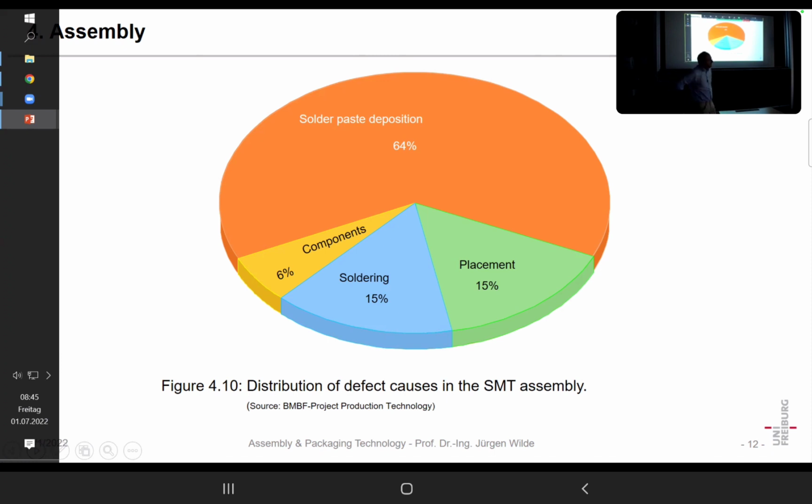With screen printing, we have a screen, it's a mesh, and that mesh is coated with a photoresist, and that photoresist is developed by photolithography, and then we have openings, but we have the wires in between. But in some locations, the wires are covered with that resist, so we have it closed, and in other places we have openings.